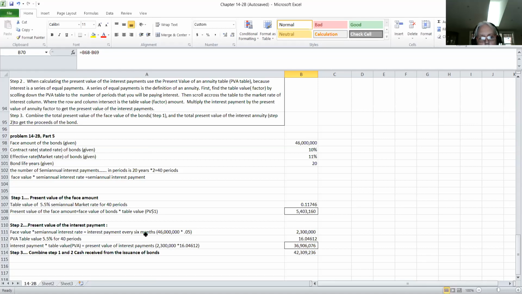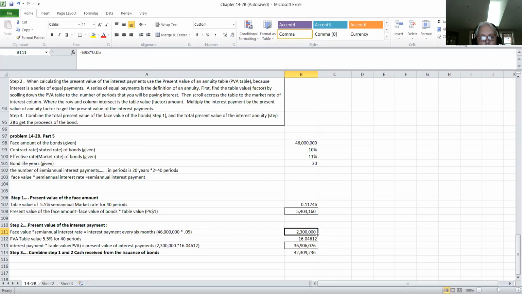So we have to find out how much interest was paid back every 6 months. So it's 46 million times the contract rate of interest, which is half of 10%. That's how they got the 5%. This is the interest payment. It is not the present value, but it's the interest payment.